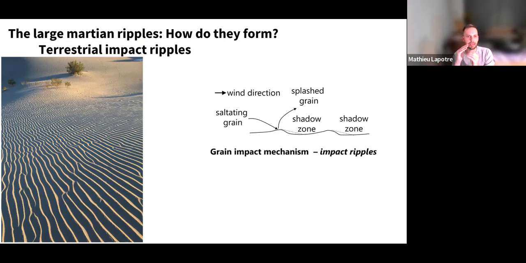Conversely, grains that are resting along the downwind side of a bump are located within a shadow zone that is cast by the bump's topography, and that protects these grains from being impacted and splashed away. And as a result, grains are preferentially removed from the upwind side of those bumps and accumulate along their downwind side, which cumulatively leads to the growth and migration of so-called impact ripples.